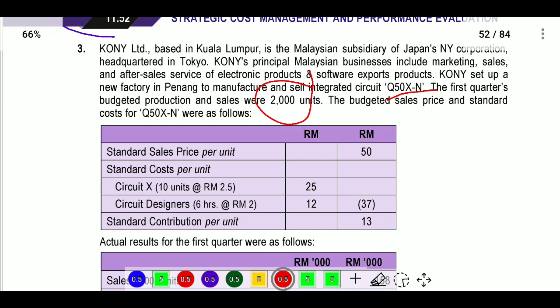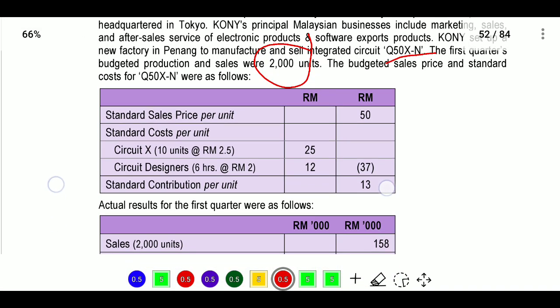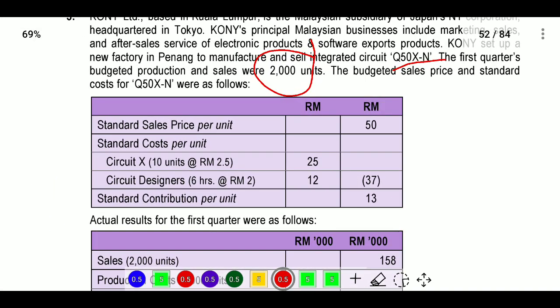Okay, they provided the budgeted sale price and standard cost. So from this we will get the standard sale price: 2000 units, and the standard selling price per unit will be 50 rupees.